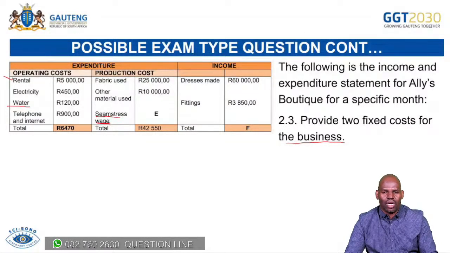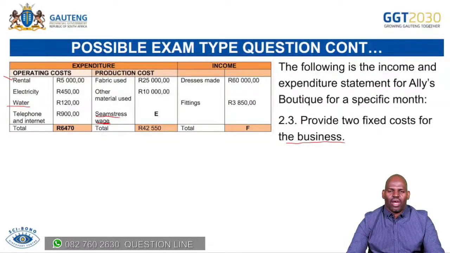This is the wage. Now, if you have to pay yourself a wage, or even if you have to pay your employees or your helpers, you're going to pay them almost the same amount every month. So that is not actually going to change. If it changes, it's going to change maybe after a year or so.